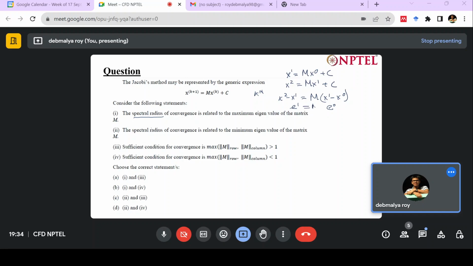Now you can see very clearly, if I do this exercise again, I will get e2 is equal to M e1, and if I substitute e1, I get M squared e0. So for the kth iteration, I will have M^k e0.